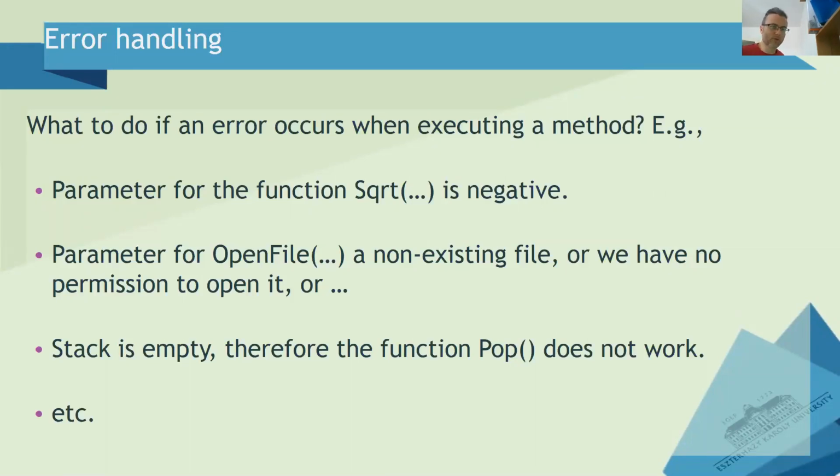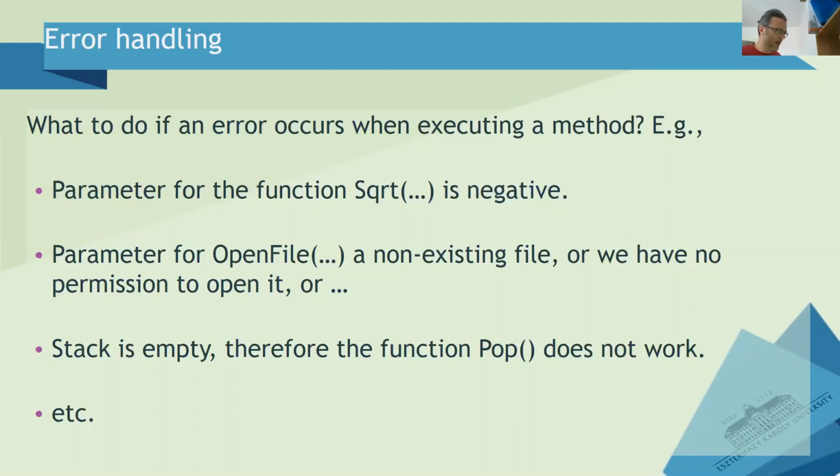And it's a good question what the system should do. It should give you, the user, an error message, or it should stop working. What should it do? It should restart, or what? These are all good questions.